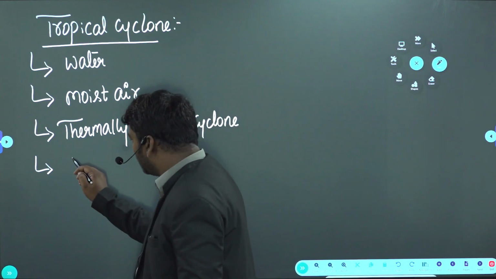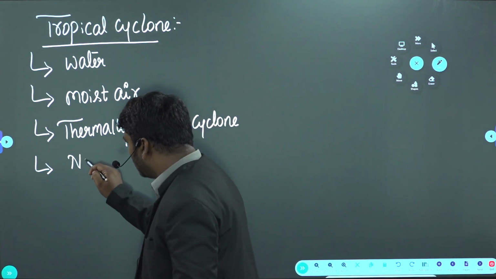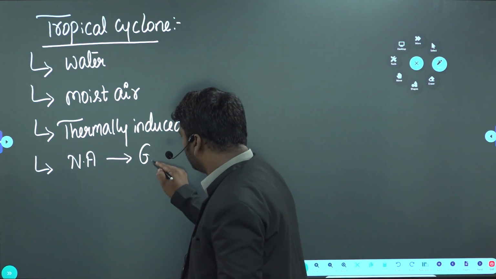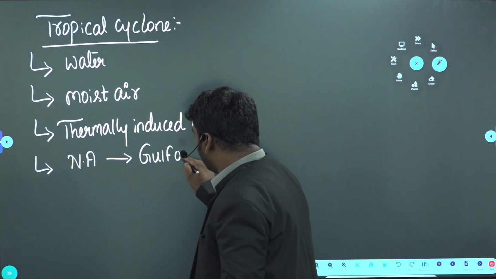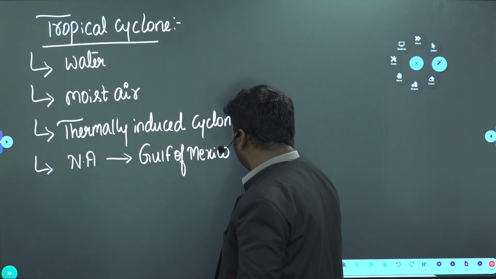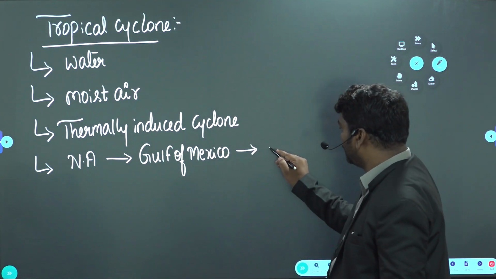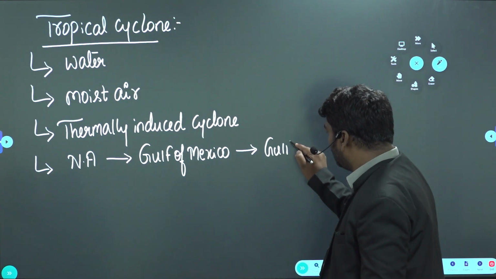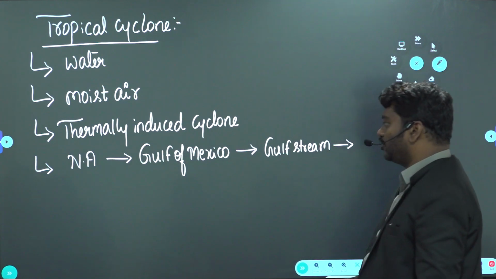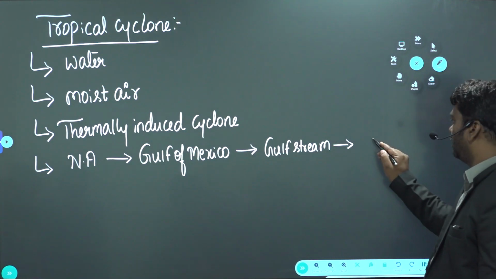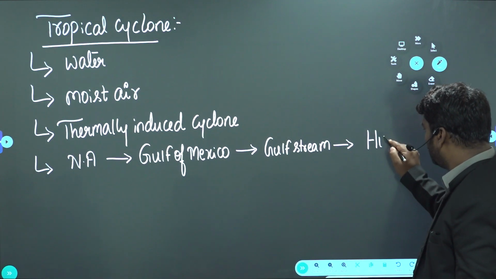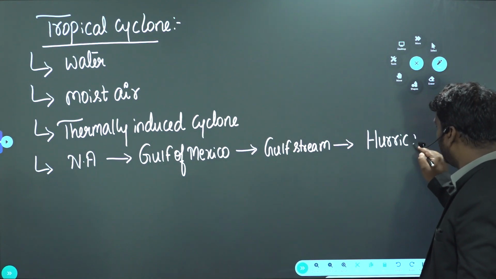So if you check North America, Gulf of Mexico, Gulf Stream is the ocean current, and it is called hurricanes.